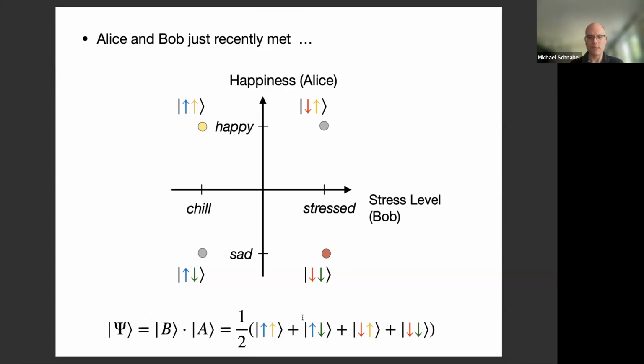This is the way you typically write multi-spin states, where the first entry always refers to Bob's state and the second entry to Alice's state. You see, we have four possible outcomes, and they are equally weighted. So there will be the same probability for any of them if we measure them. Before we measure them, they are in the superposition state. This is the way you would represent this statistical distribution quantum mechanically.